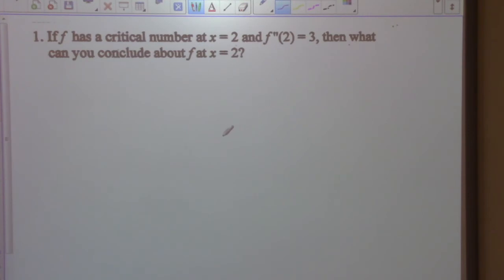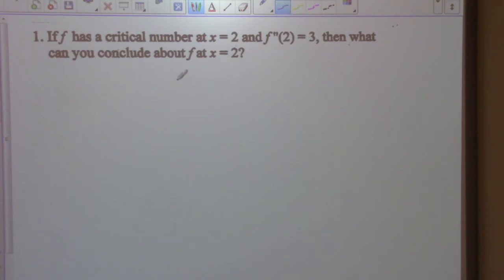Hint, it's going to be a relative maximum or relative minimum. It's going to be a minimum because it's above 0. Yes, f double prime is greater than 0, and we have f prime equals 0 at that.